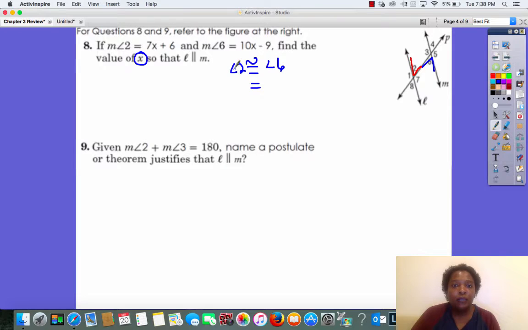So if I substitute for angle 2 what they gave me, which was 7x plus 6, and for angle 6 they gave me 10x minus 9, I now have my equation to solve for x. So algebra 1, let's reunite my x's. So I'm going to move the smaller one, bring down what's left.